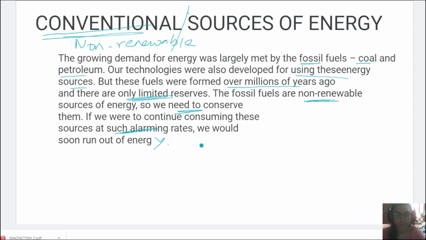If we don't have factories, we won't have anything made, be it clothes, be it food, anything. So at some point we have to find alternatives to conventional sources of energy, because, as we mentioned, they are limited.